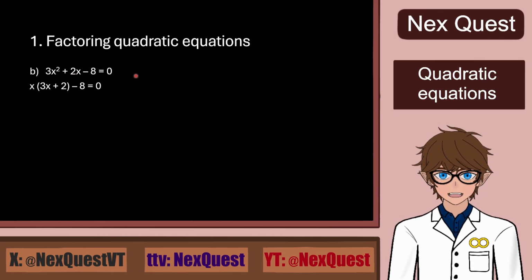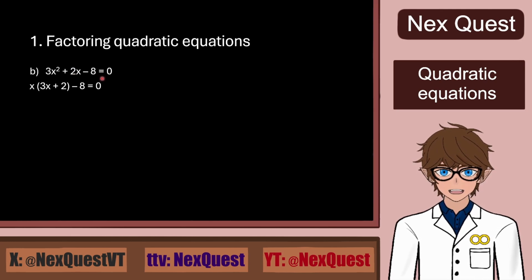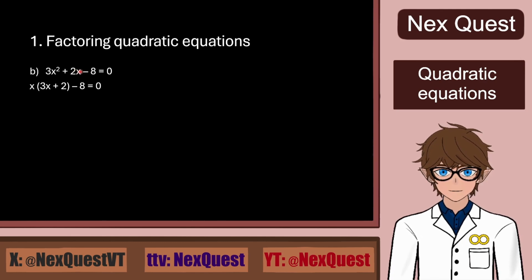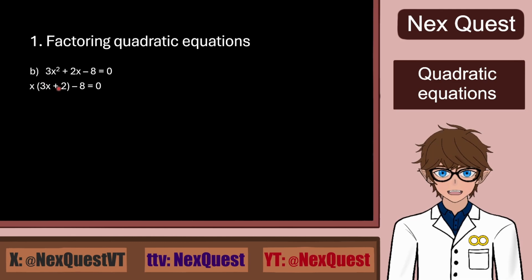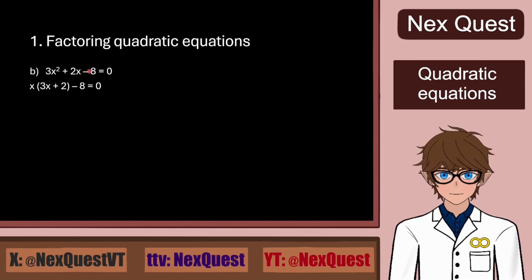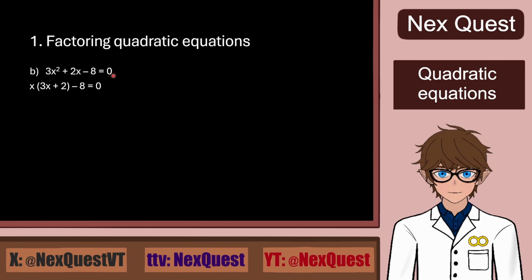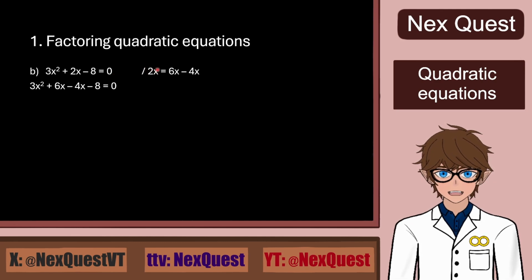So we have to find out if we can add or subtract something, or even break apart a term, that would allow us to combine two terms to get x plus 2 or x minus 2, and the other two terms to get the same result. I already did the math here. 2x can be broken apart as 6x minus 4x.